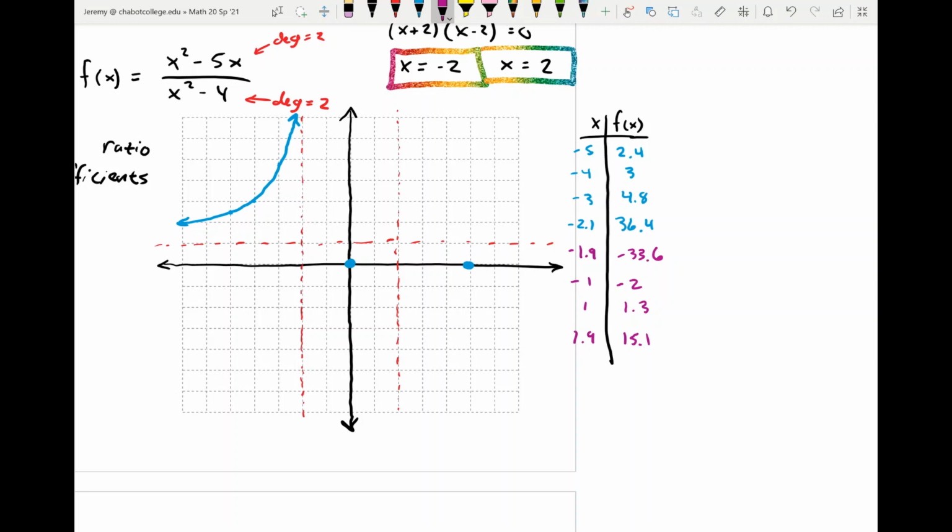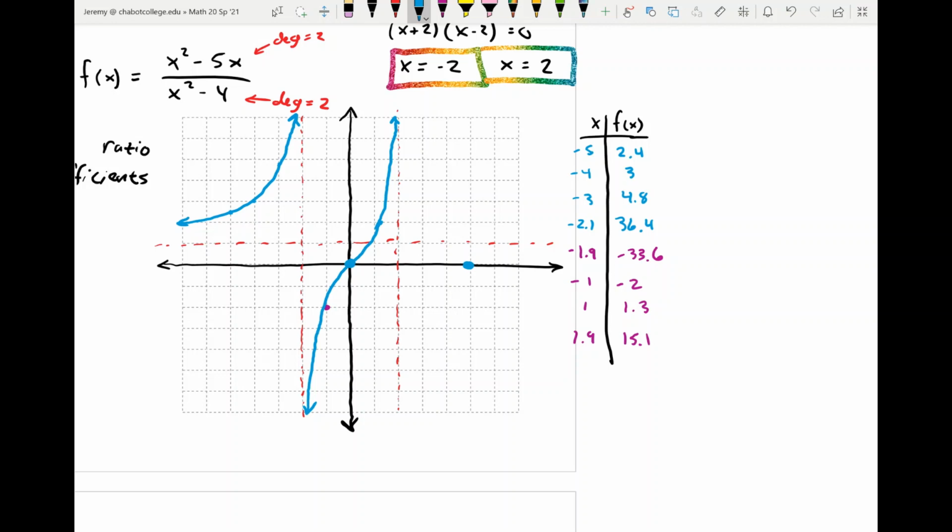All right, so I've got a few ordered pairs here, like (1, 1.3). So the graph in the middle is going to look like this. Cool, so there's that middle branch.